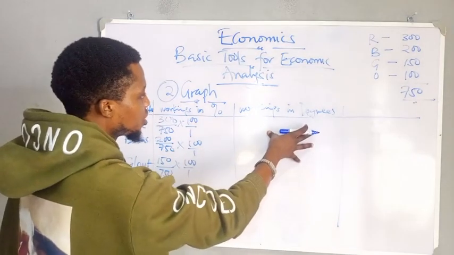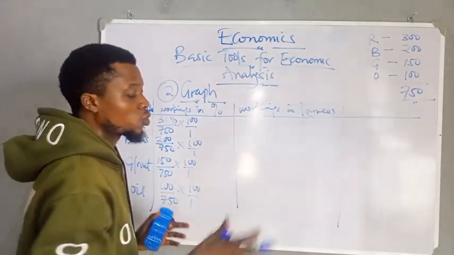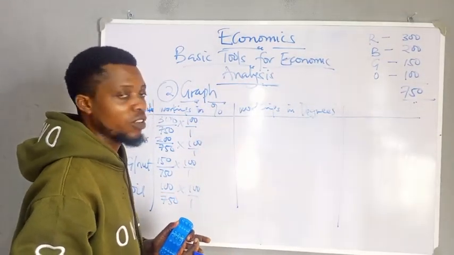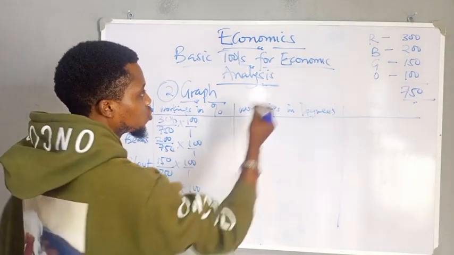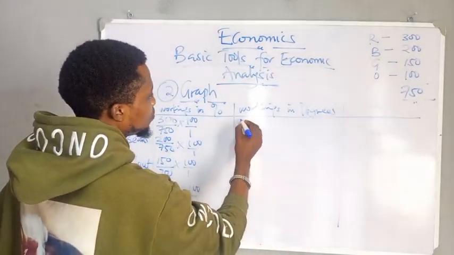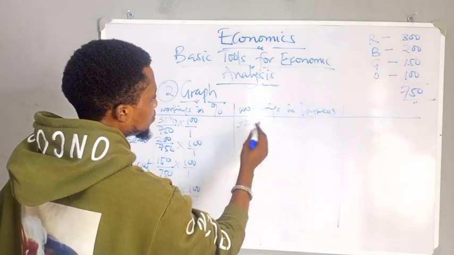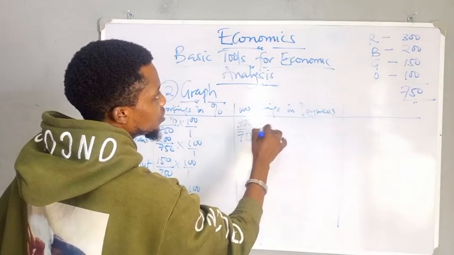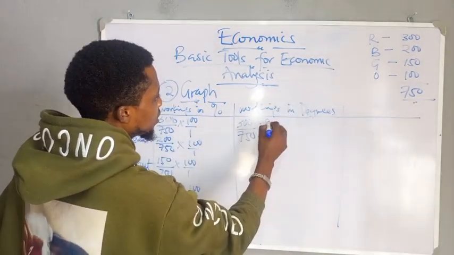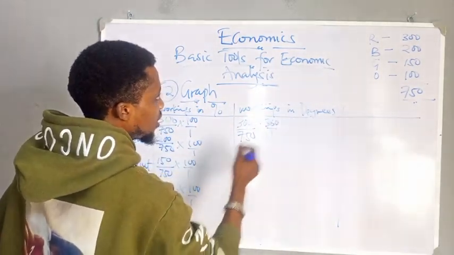Okay, when it comes to degrees now, the total value of a circle is 360 degrees. So by degrees, for rice, we have 300 all over 750 times 360 over 1.